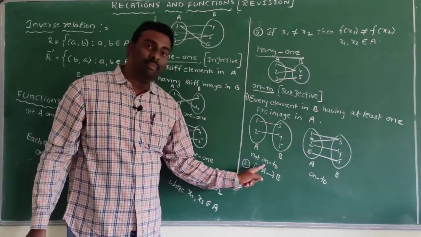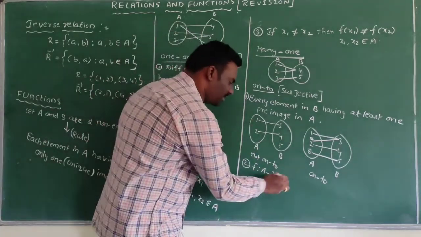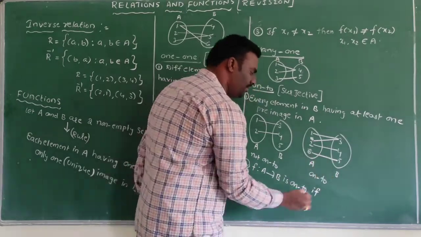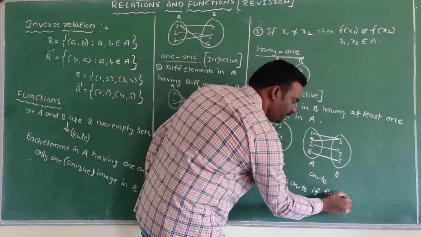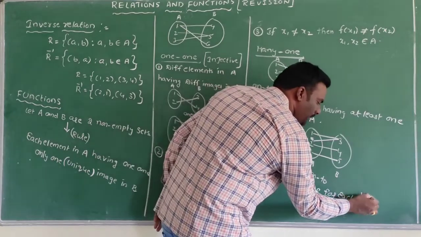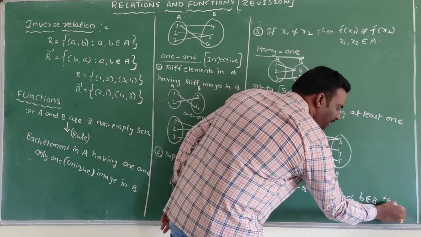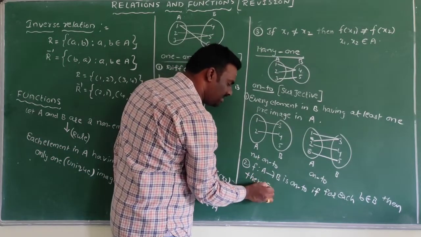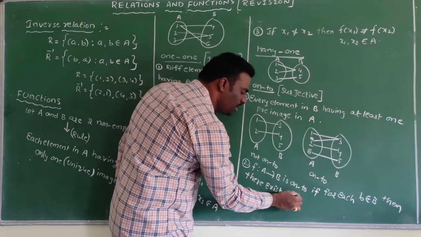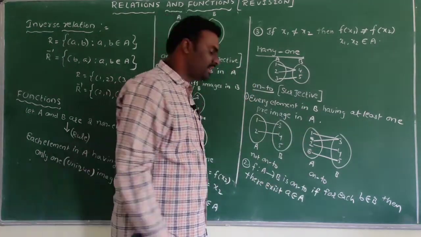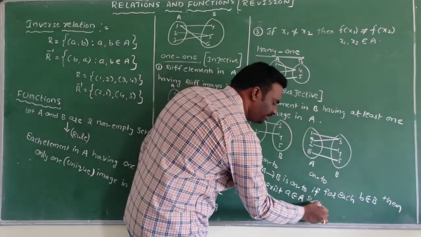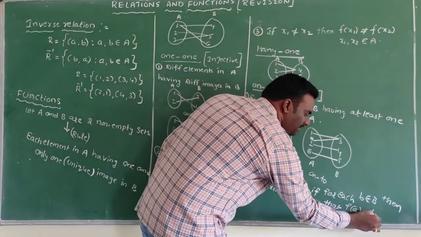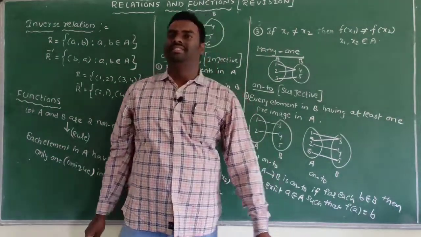F is the mapping from A to B is onto if for each small b belongs to capital B, then there exists small a belongs to capital A such that f of a is equal to b. This is also called as definition of onto.